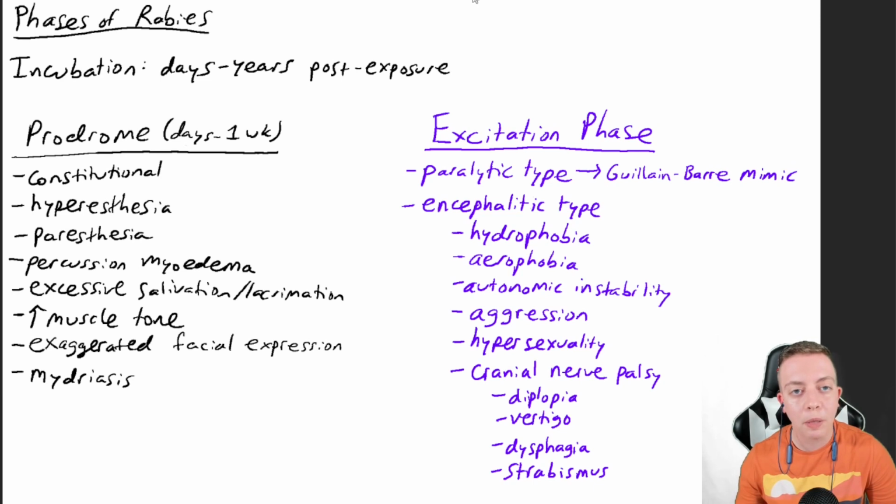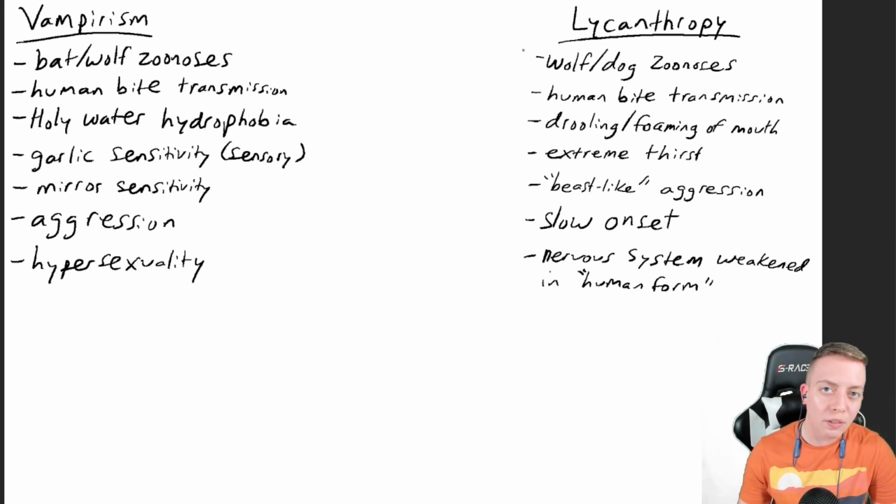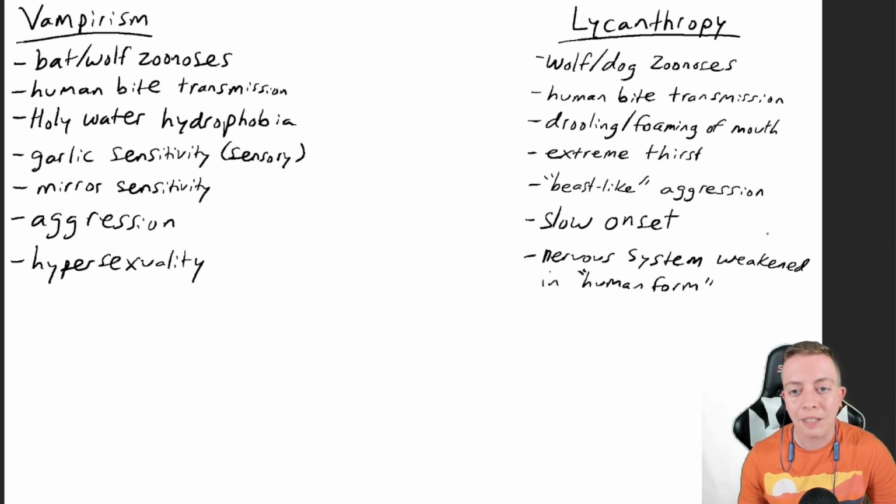So you could be bit by a wolf and several years later have your werewolf transformation, or you're not seeing these symptoms right away. So if somebody was believed to run off and then get these symptoms many years later, we have that kind of transition happening.